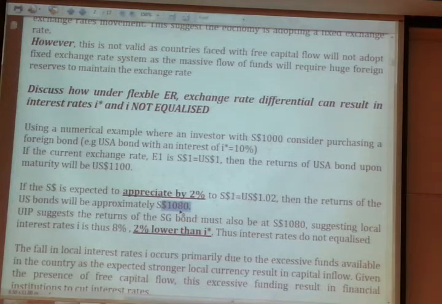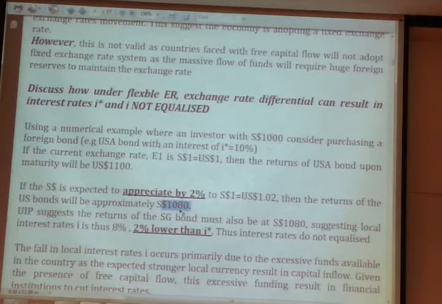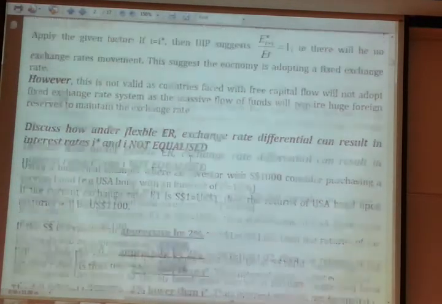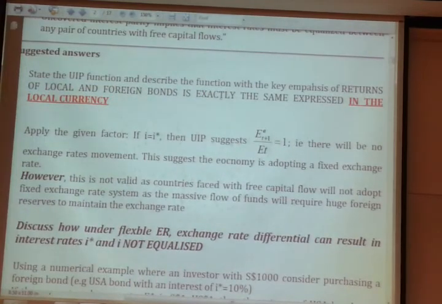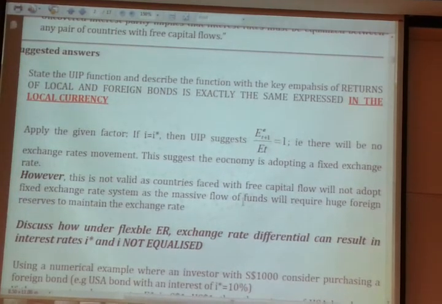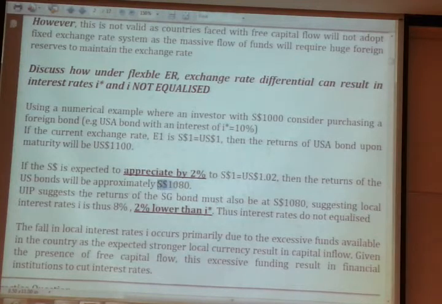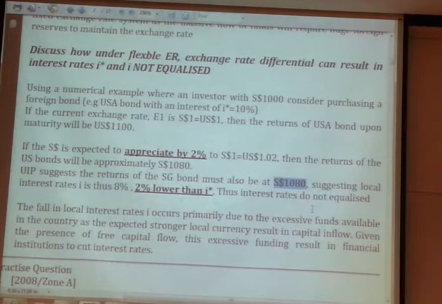And it's acceptable. And in this case, the Singapore bond, remember you stated in the equation on top, the returns are the same in Sing dollar. So if the return of the US bond is Singapore 1080, the Singapore bond must also be 1080.